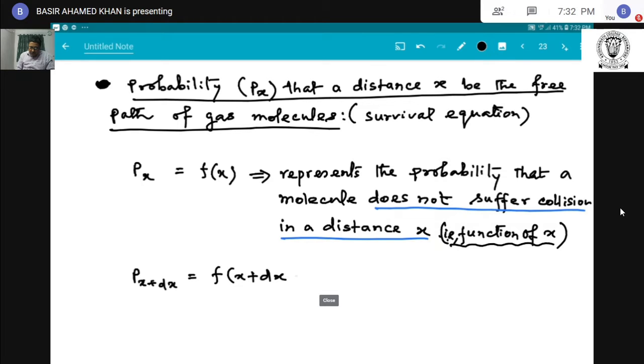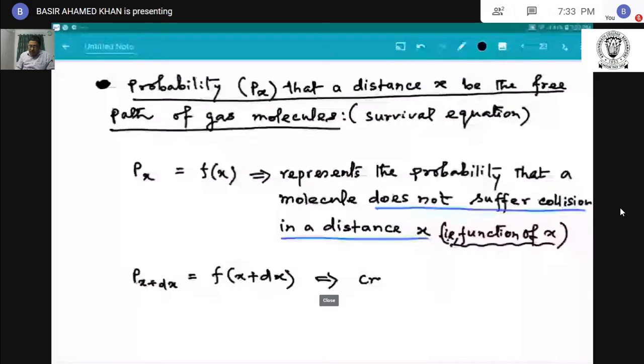It represents the probability of crossing a distance x plus dx without any collision.